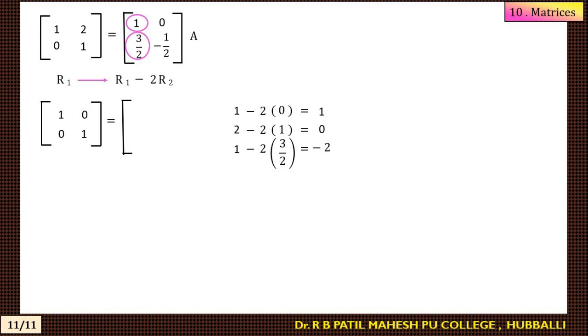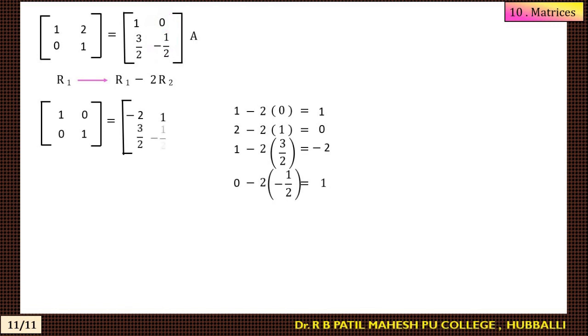So substitute this minus 2 position. Now next element, that is 0 number minus 2 into, now R2 element, this is minus half. So here minus into minus plus, and 2 divided by 2 cancel, 0 plus 1 means it is a 1. Now this element you substitute here.